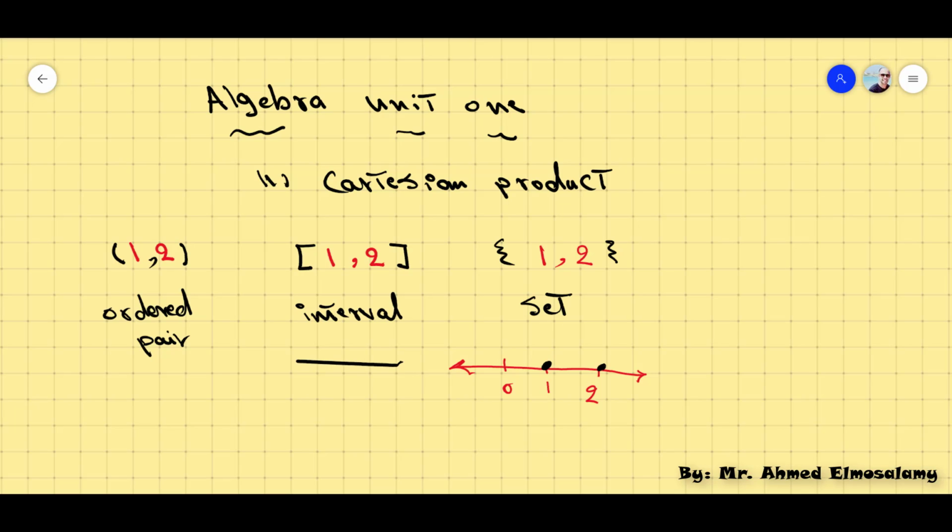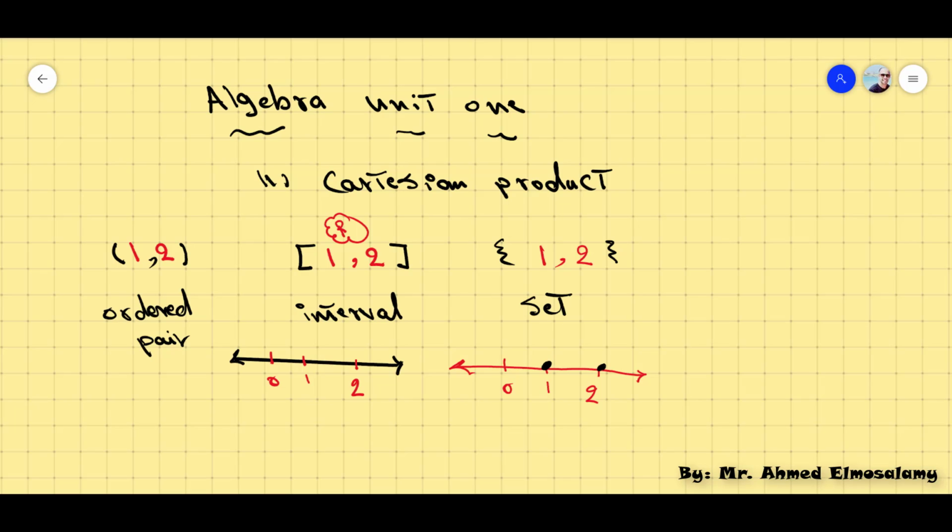And in the second one, this interval, how to represent 1 to 2? Yes, like this. Here we have 0, 1, and 2. It's a closed interval from 1 to 2: all the real numbers from 1 to 2. What do we mean by the real numbers from 1 to 2? All the decimals, all the fractions, all the rational and irrational numbers between 1 and 2.